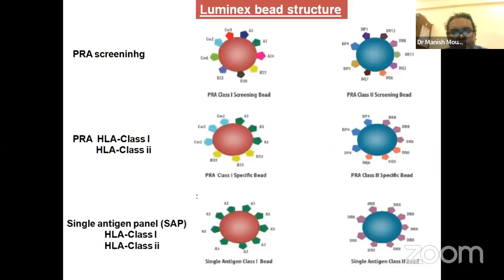So this is the structure of a bead, class 1 and class 2. In PRA screening, multiple colors of beads, multiple antigens are coated. And in PRA low resolution, hardly 3 to 4 antigens are coated in a set. And single antigen is only one kind of antigen.